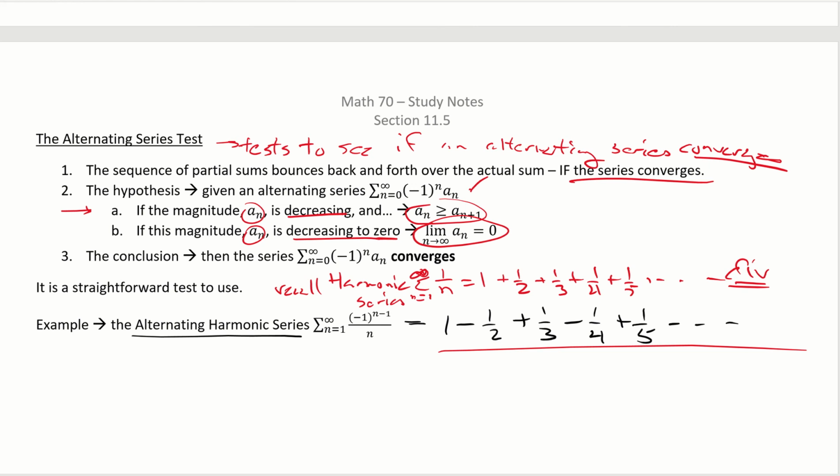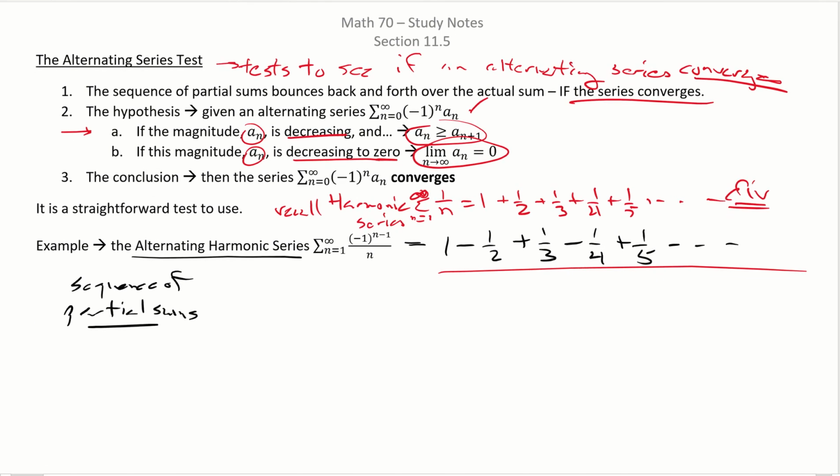Remember the sequence of partial sums. Let's look at these guys. The sequence, once again, of partial sums. It tells two things. It tells us about convergence, but also it tells us about the error. Next video. Okay, so S sub 1 is 1. S sub 2 is 1 minus a half, which, by the way, is 1/2, isn't it?